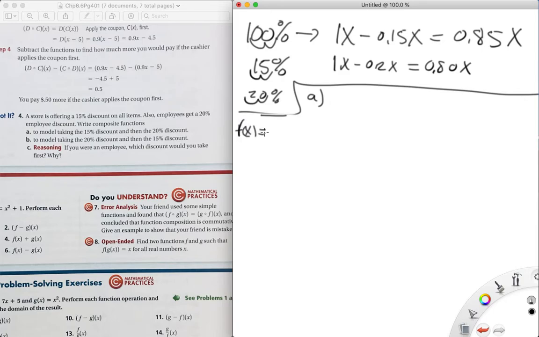So f of x is going to be equal to 0.85x. G of x is going to be equal to 0.8x.